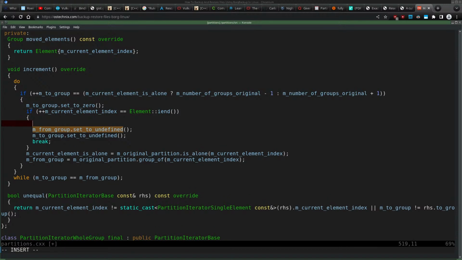So I'm going to replace these two lines with a function call. Set to end.